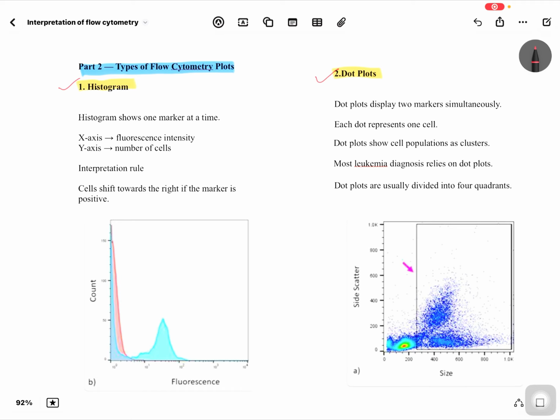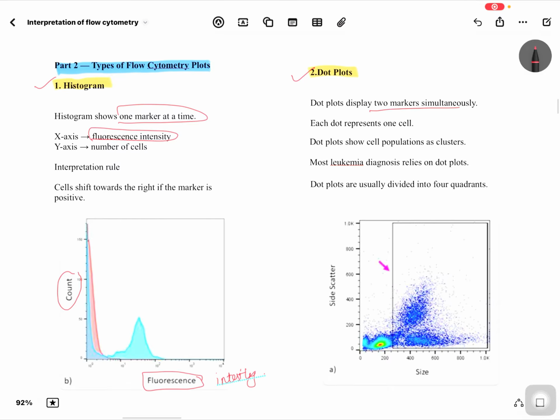What do you mean by histogram? It shows one marker at a time. The x-axis shows the fluorescent intensity and the y-axis shows the number of cells, the count. On the other hand, a dot plot displays two markers simultaneously.